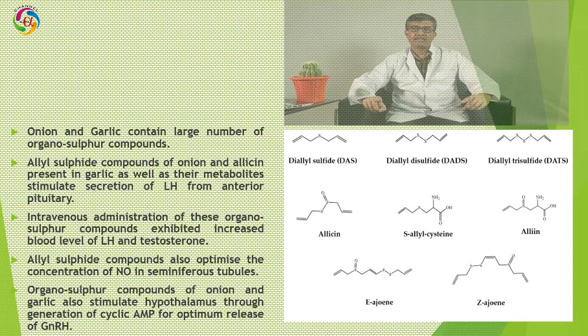Another important function of allyl sulfide compounds is to increase the level of nitric oxide in the testes. Now, what is nitric oxide? Nitric oxide is a free radical gas. It causes local vasodilation.